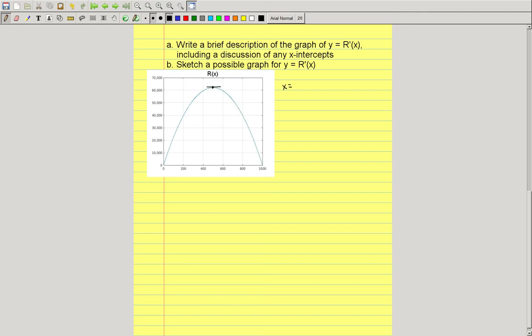So at approximately x equals 500, we're going to have an x-intercept for our graph of r prime of x, excuse me. As for the rest of the graph, we see that in this region, the function is increasing, and in this region, the function is decreasing. Over here, r prime is going to be positive, and over here, r prime is going to be negative.